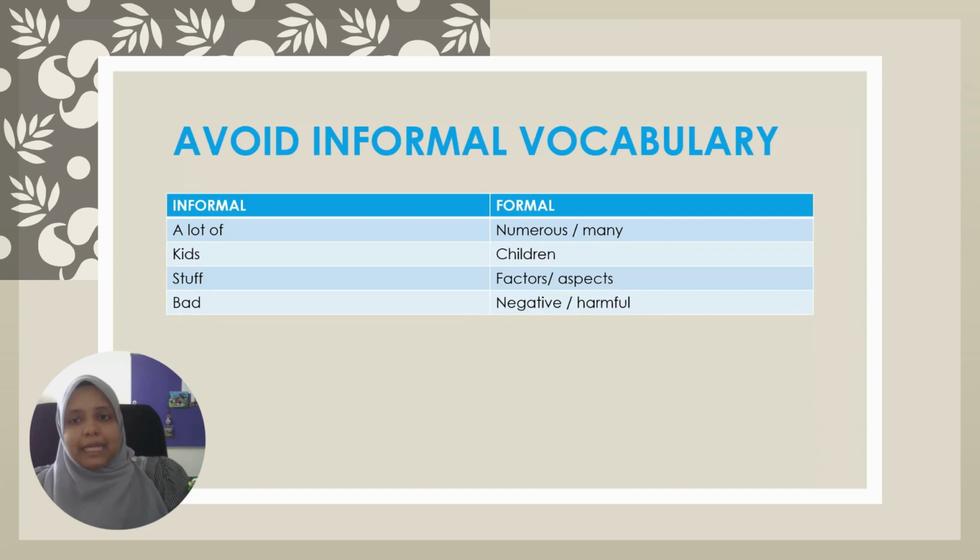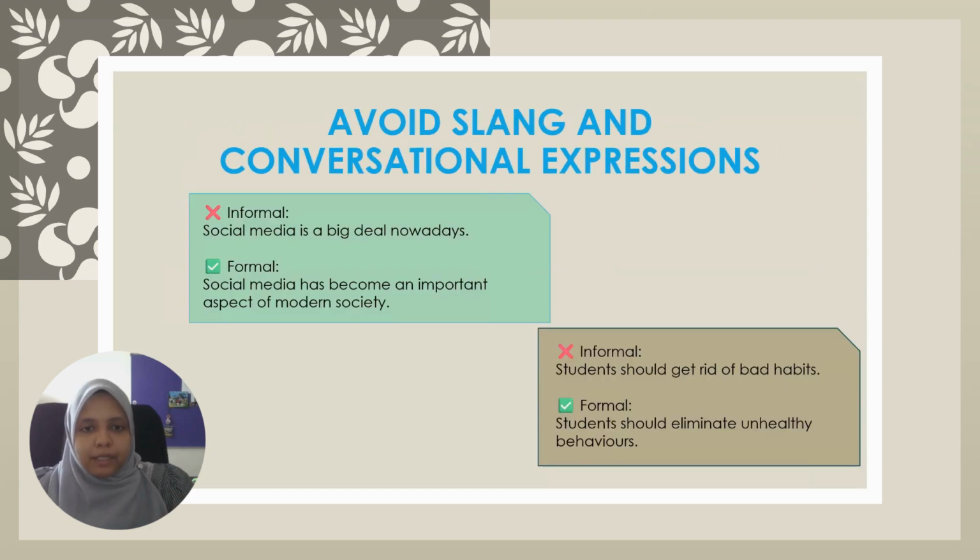Instead of using "kids," you replace it with "children." Instead of using "stuff," you can change it into other synonyms such as factors, aspects, and so on. So try to avoid all informal vocabulary when writing your argumentative essay and include formal vocabulary.